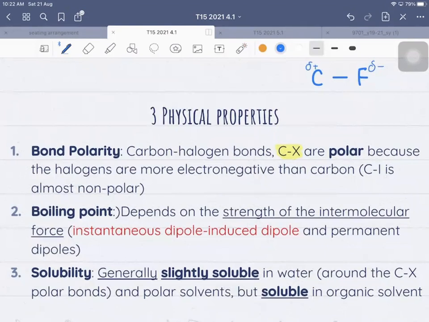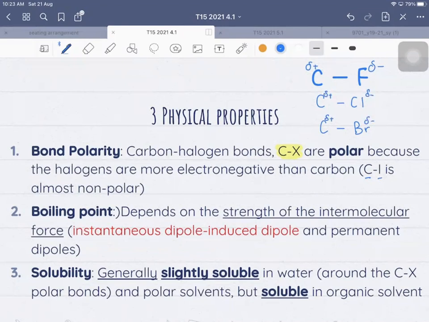This works for carbon-chlorine as well and carbon-bromine. Carbon-iodine is almost nonpolar because the electronegativity of carbon is almost similar to the electronegativity of iodine. Same thing in the carbon-chlorine bond: chlorine will be delta minus, carbon will be delta plus, bromine will be delta minus, carbon will be delta plus.